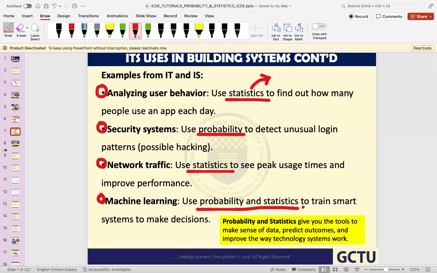And I'm sure some of these things are new to you, but don't worry at all. All these things you'll be taught along your academic journey.